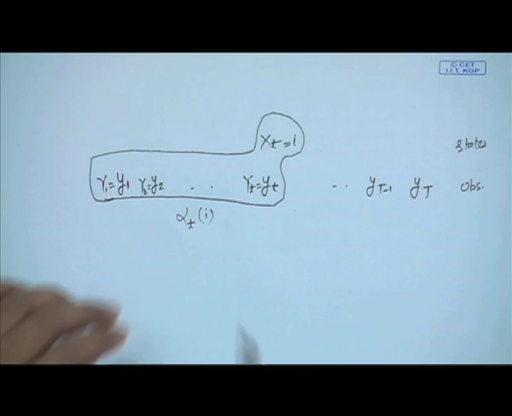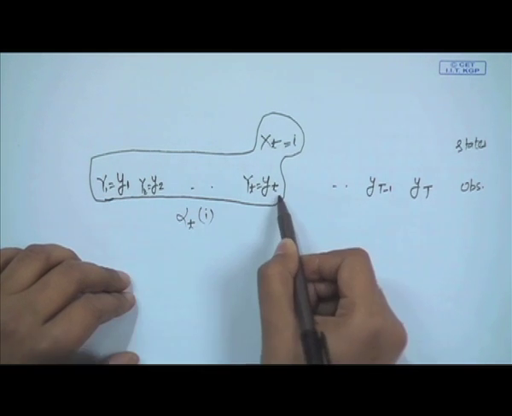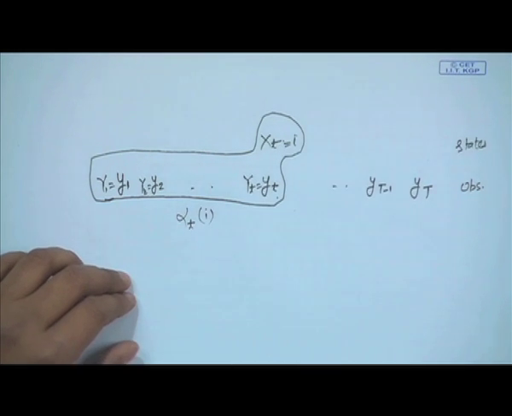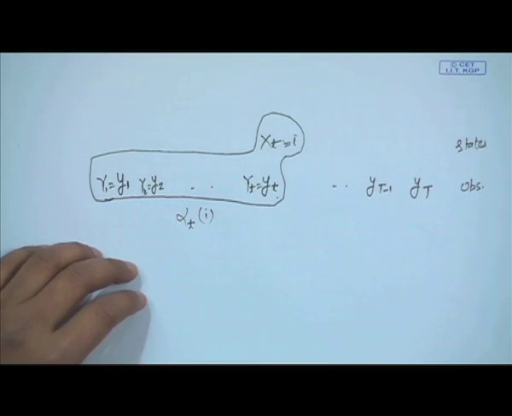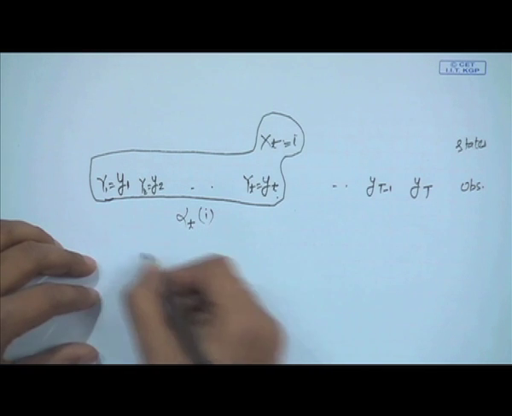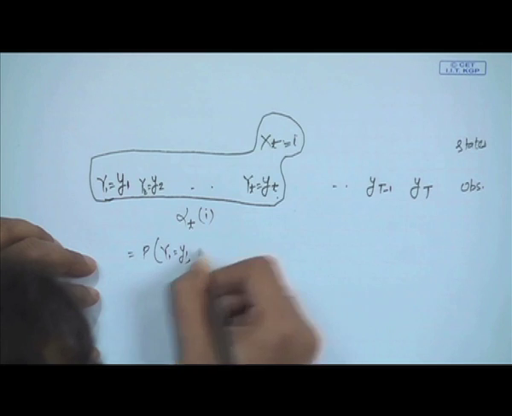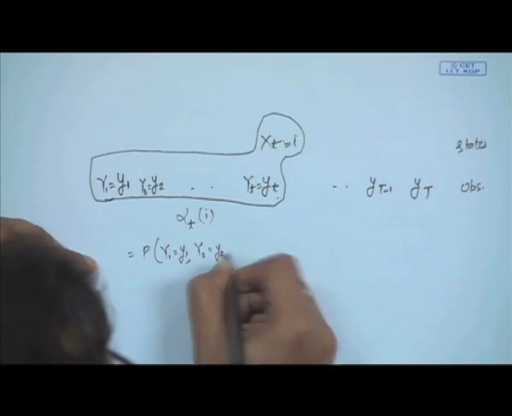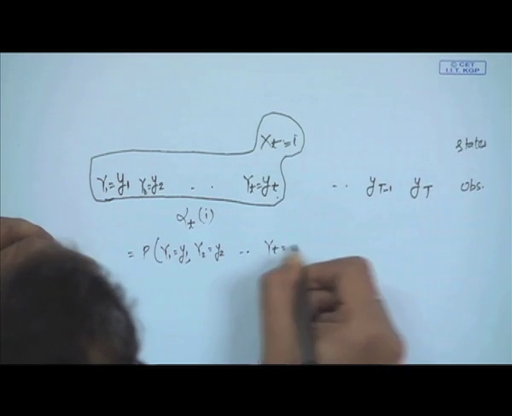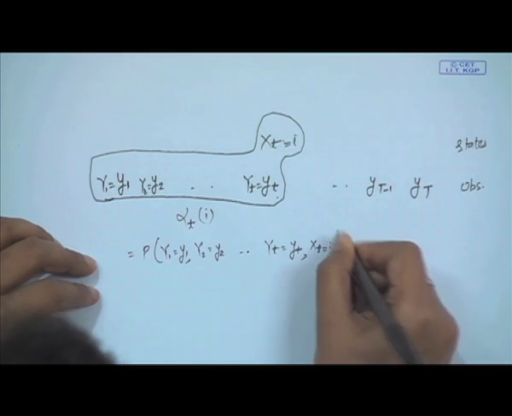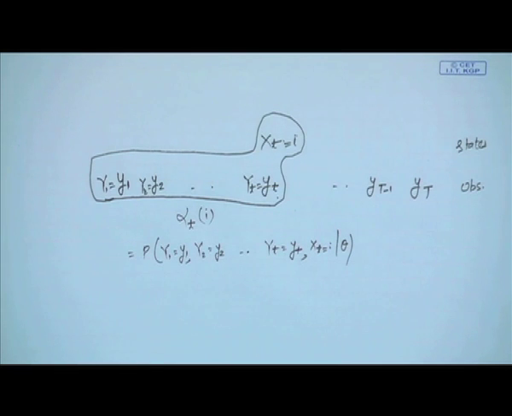The probability that I am observing y1 to yt and at the tth point the state is i given my parameters theta. Y1 is equal to small y1, Y2 is equal to small y2, Yt is equal to small yt and xt is equal to i given parameters theta. This is my forward probability.